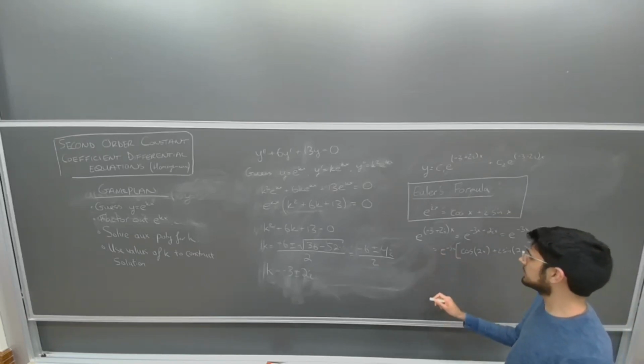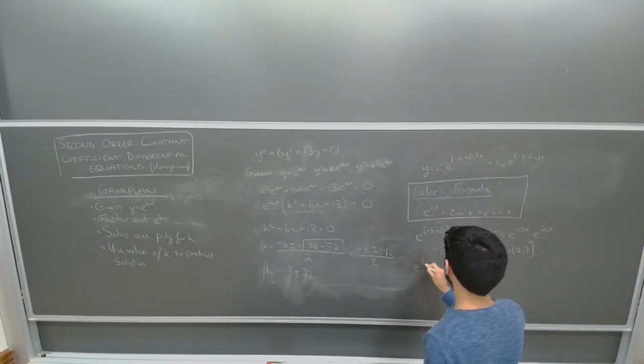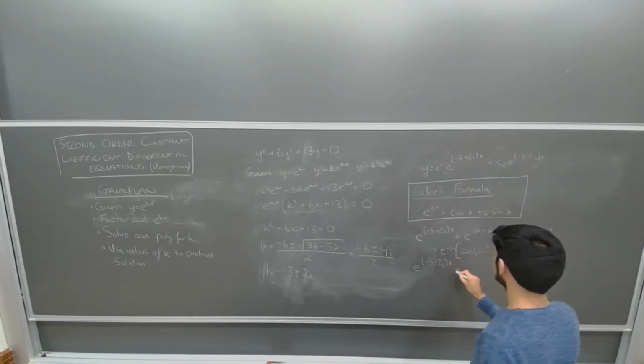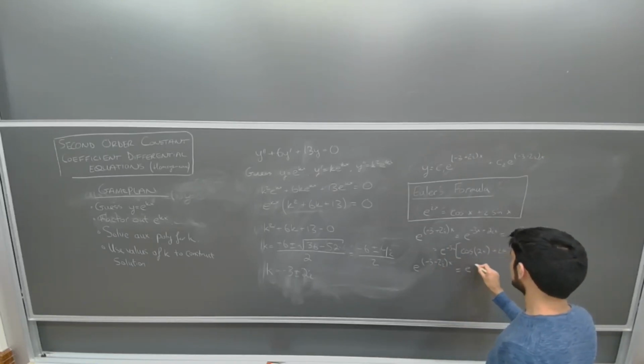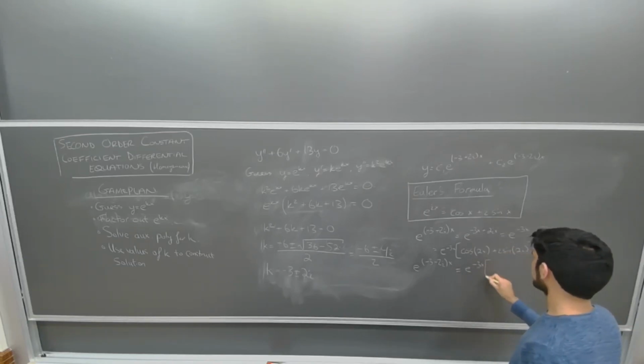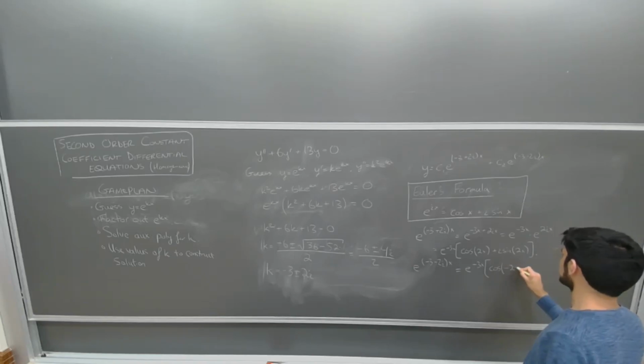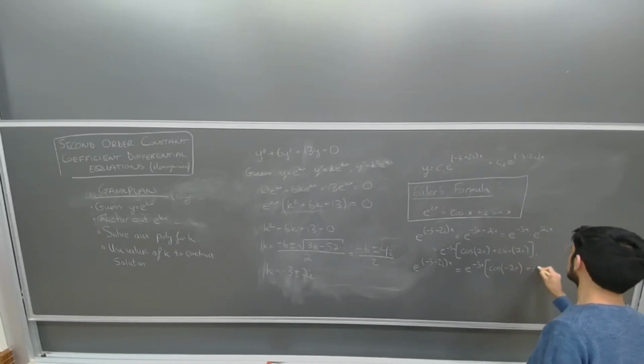And you can do the same thing for the other solution. So e to the negative 3 minus 2i x is going to be equal to e to the negative 3x times cosine of negative 2x plus i sine of negative 2x.